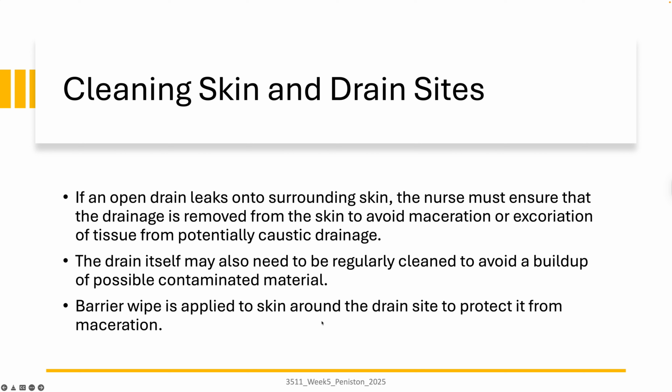If an open drain leaks onto the surrounding skin, the nurse must ensure that the drainage is removed fairly quickly from the skin to avoid maceration or excoriation of the tissues from whatever it is that's draining. The drain itself may also need to be regularly cleaned to avoid a buildup of possible contaminated materials. Barrier wipe is applied to the skin around the drain site to protect it from maceration.